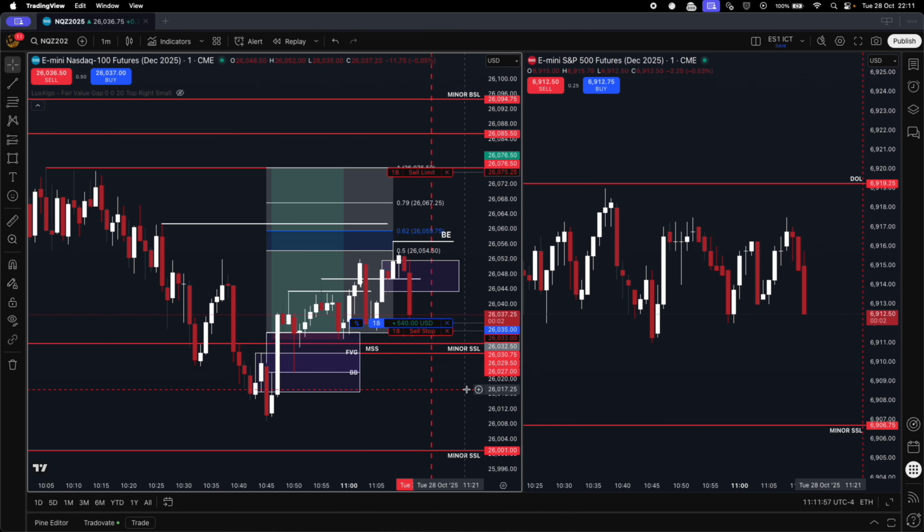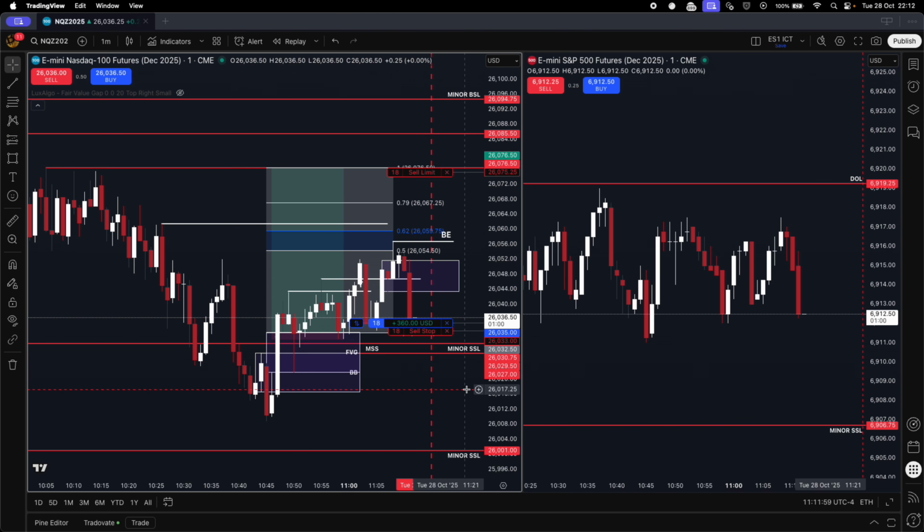So it doesn't have to close above the high, just a wick above the high, then we would trail to break even. So yeah, hopefully that makes sense.